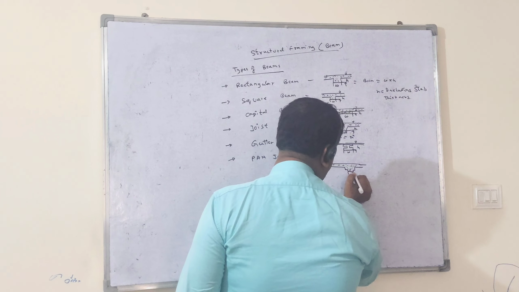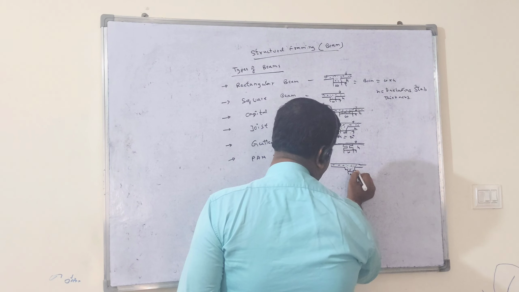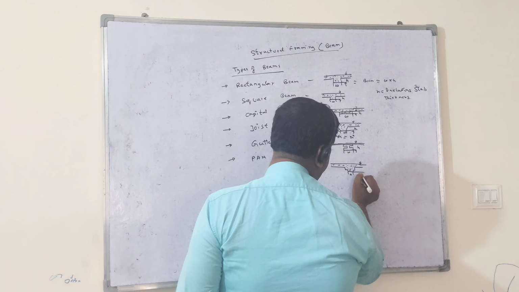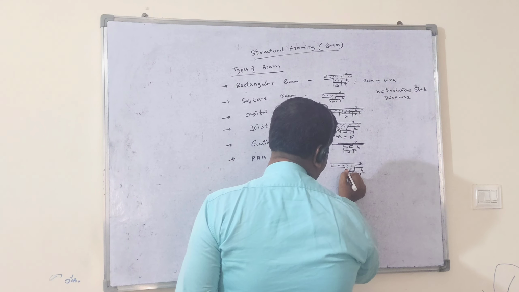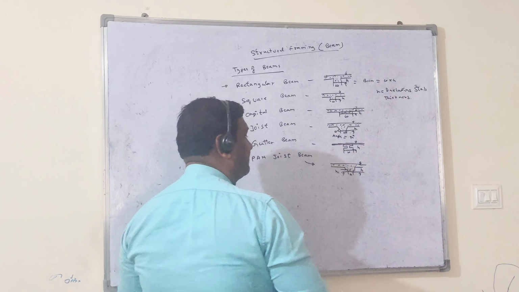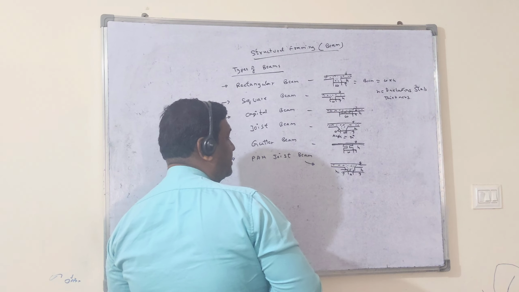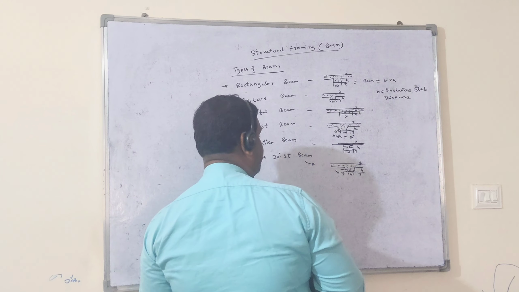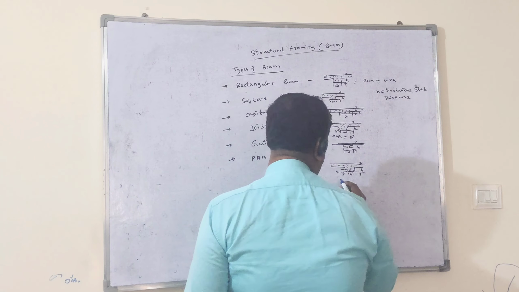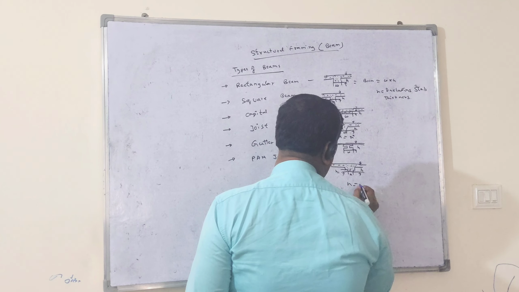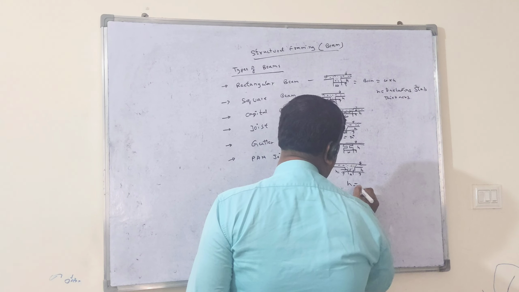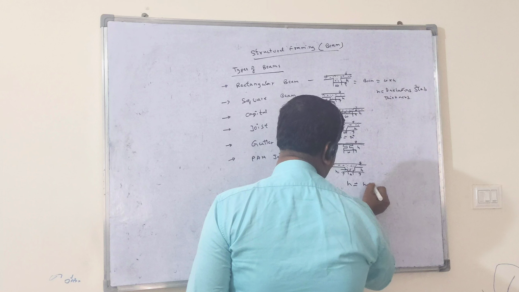So here, from here to here this is the width, from here to here this is the height, and from here to here this is H1, height 1, which is also considered. So how much is H1, how much is the width, and how much is the total H. Here H1 is the height of the angle width.